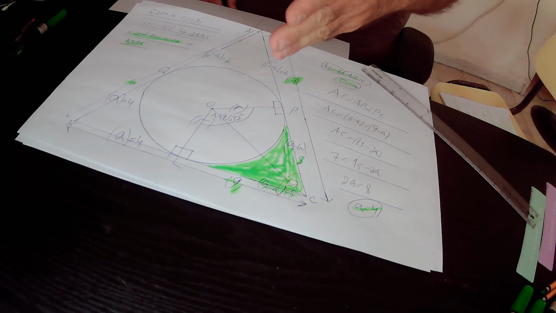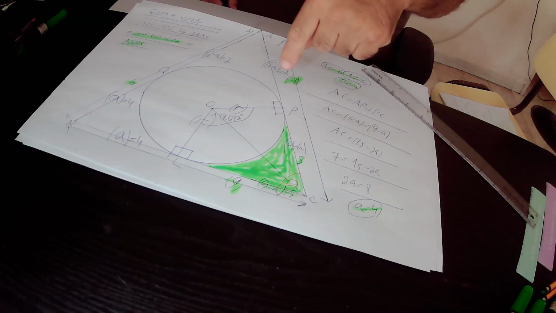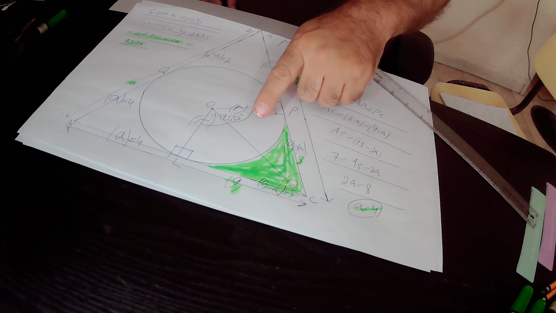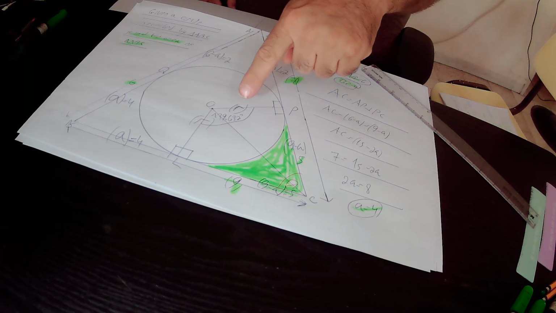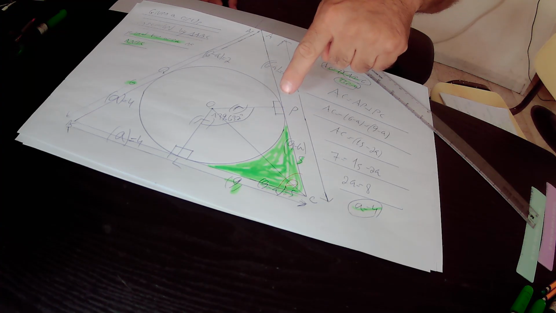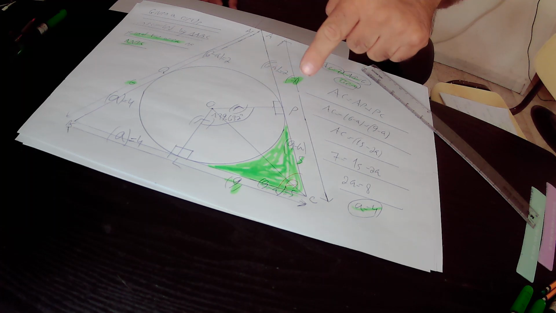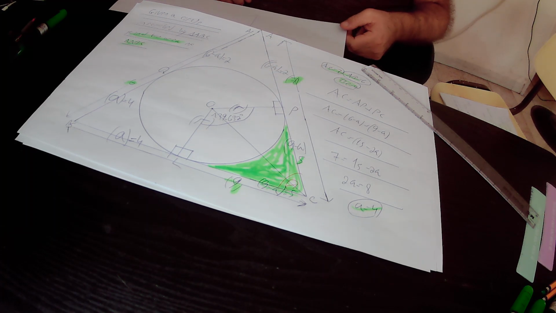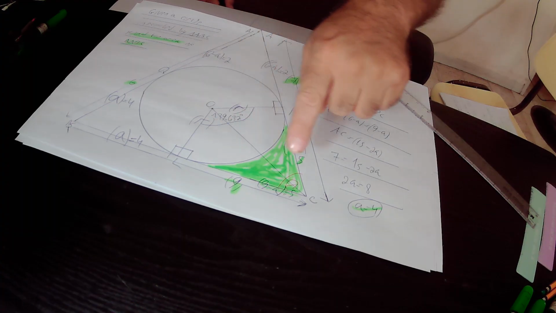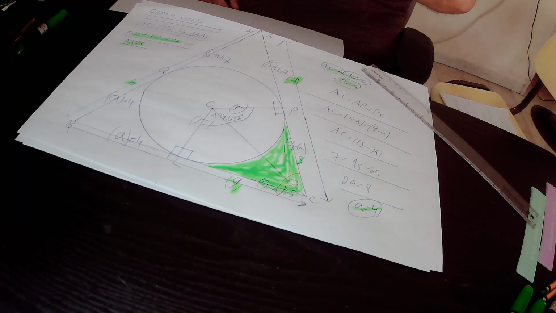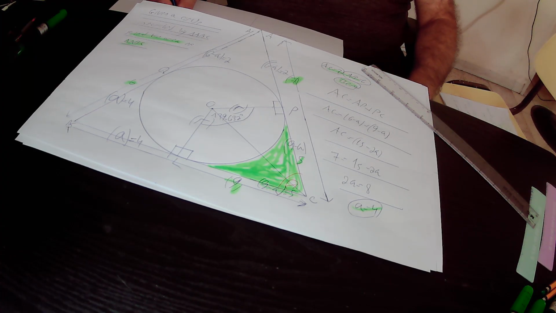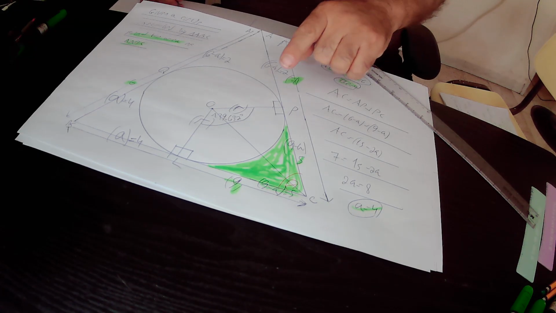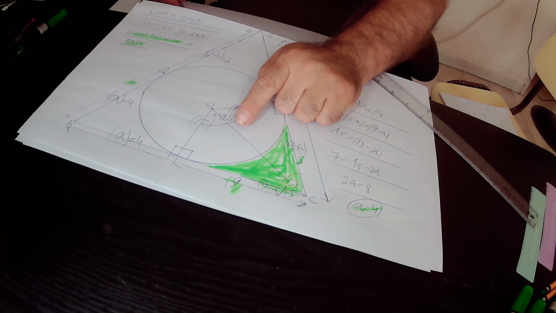So the area of quadrangle POLC must be equal to the area of the right triangle OPC plus the area of the second shape, the right triangle OLC. So write it down.